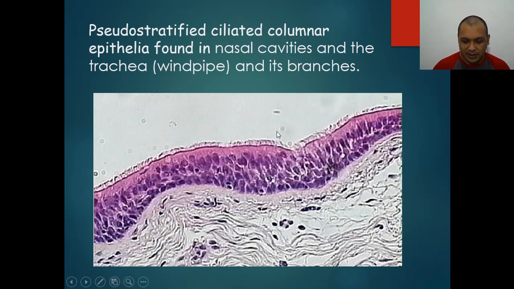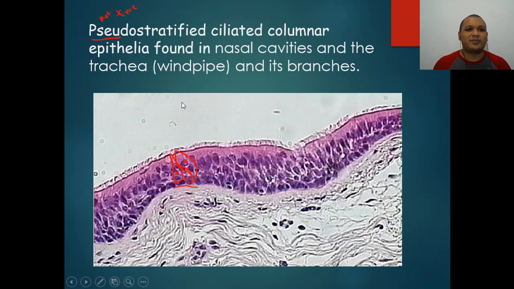So in this case, maybe it's shaped like this. Some of the cells are like this, some other cells are like this, and some are like this. So it's actually one layer, but seems like more than one layer. That's why the name becomes pseudo. Pseudo is not true or not real.